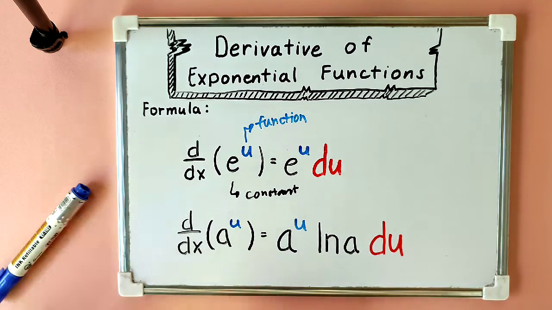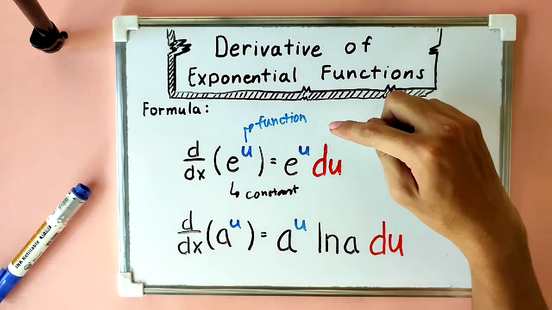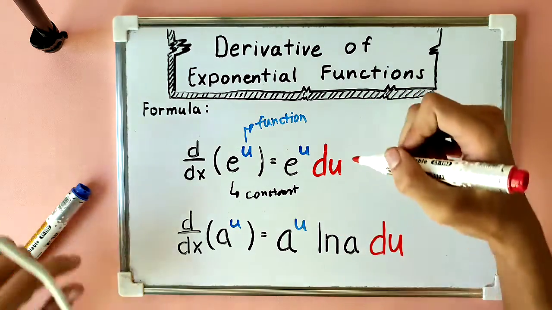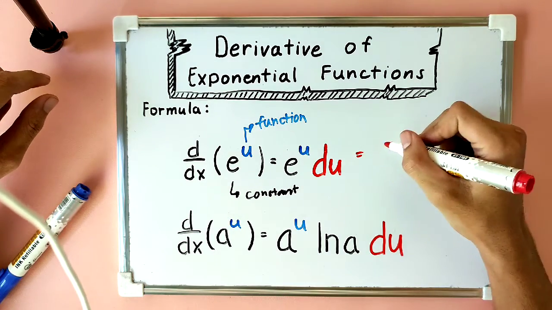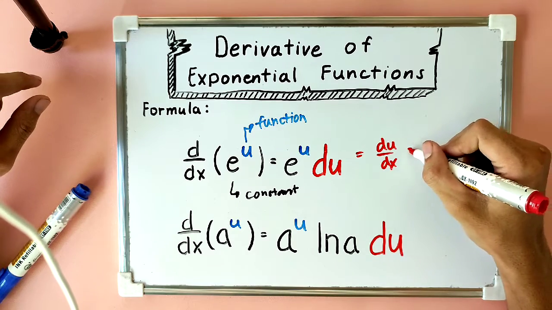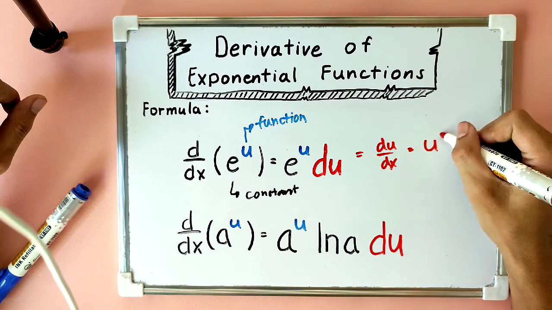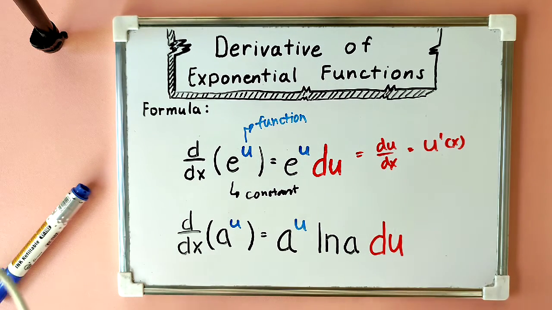So itong du natin, which is the derivative of our u, we can rewrite du as du over dx or u prime of x. So nasa inyo na yon kung saan kayo mas madali o mas mabilis na makapag-solve ng hindi kayo nalilito, or kung ano yung pinapahanap ng prof nyo na dapat i-substitute.